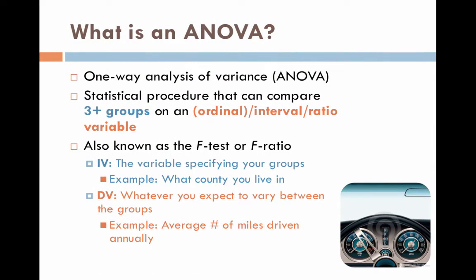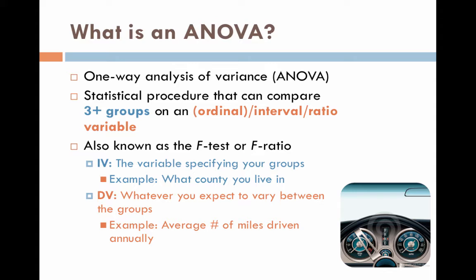So what is ANOVA? Well, again, it's an acronym for One-Way Analysis of Variance, and really ANOVA is analysis, A-N-O, variance, V-A, ANOVA. And this test is a statistical procedure that can compare 3 or more groups on some quantitative variable.